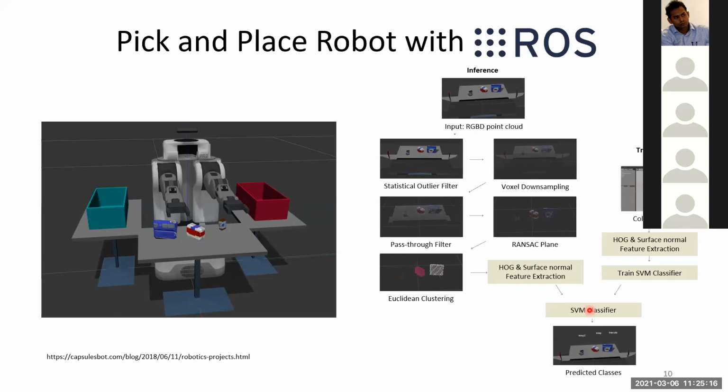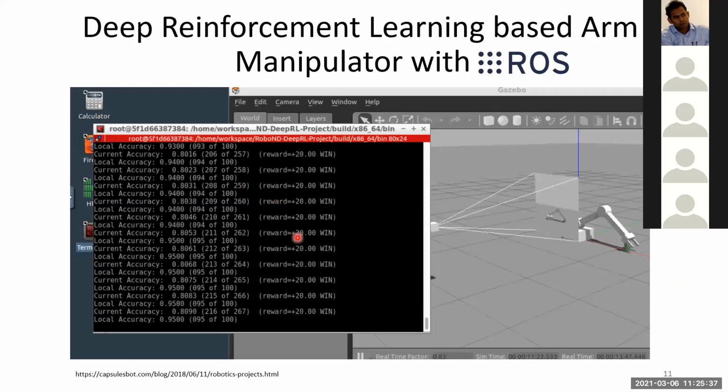Since the SVM classifier is trained previously, now it can detect the class of the object. After detecting the class of the object, it can actually use its arms to pick and put the object into the correct container. The next application I'm going to talk about is related with deep reinforcement learning.